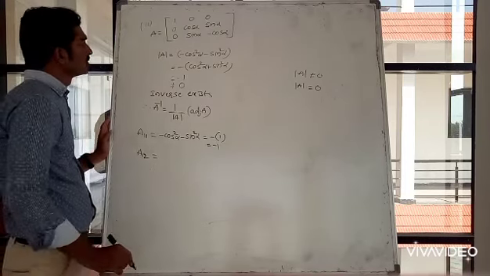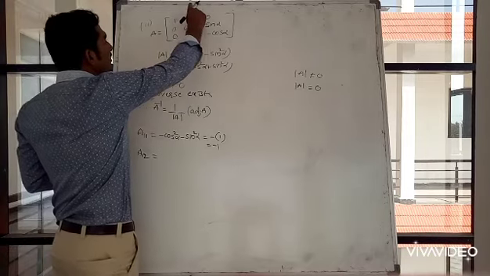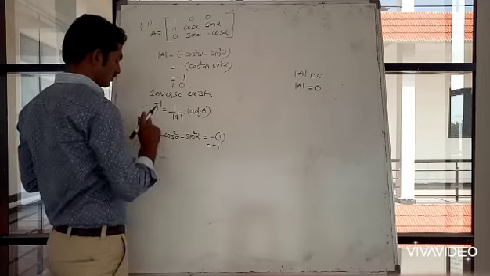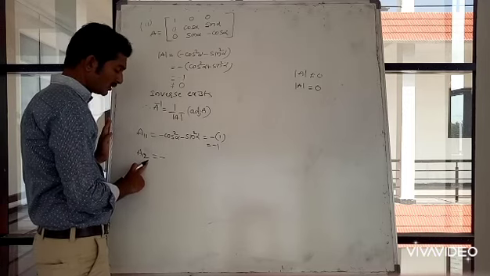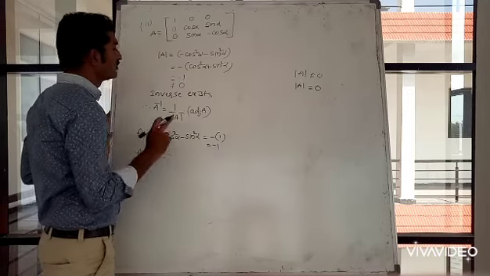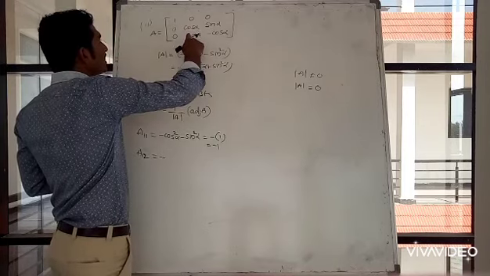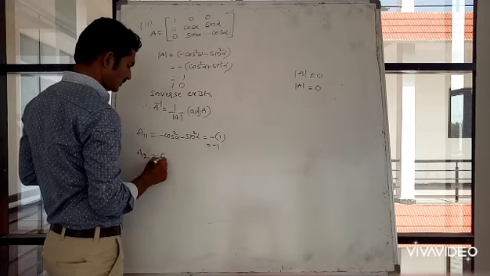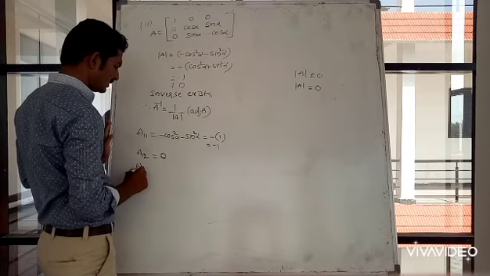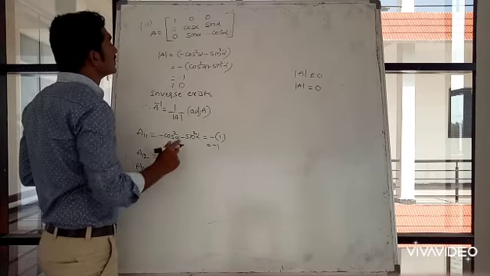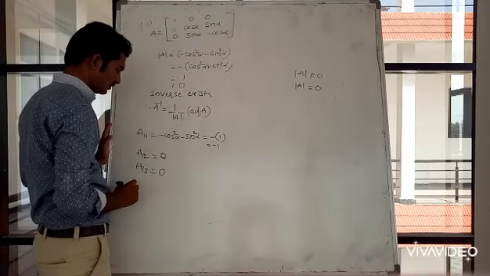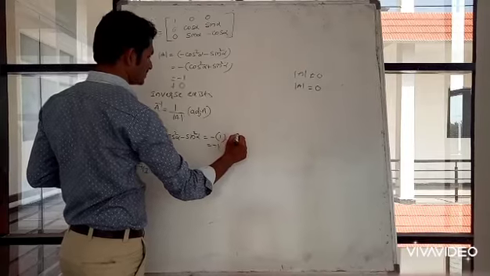A12: the minus sign will come because 1 plus 2 is odd, and minus 1 raised to an odd number is minus sign. Leave this column and row, and we get 0. Then A13, leave this column and row, again we get 0.